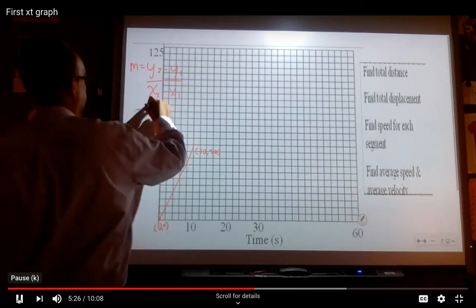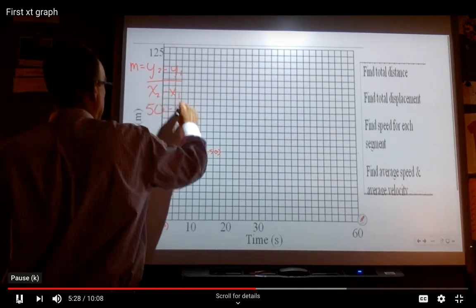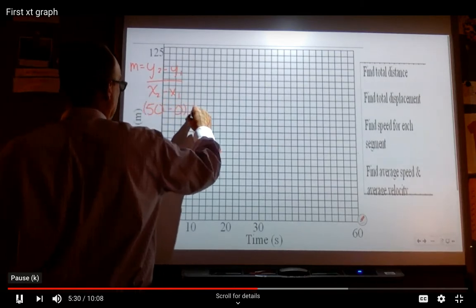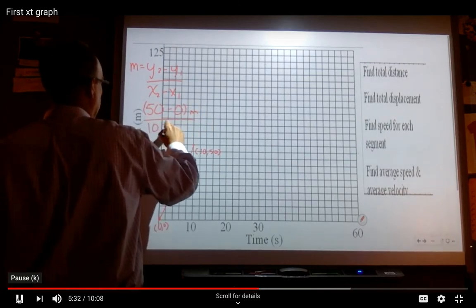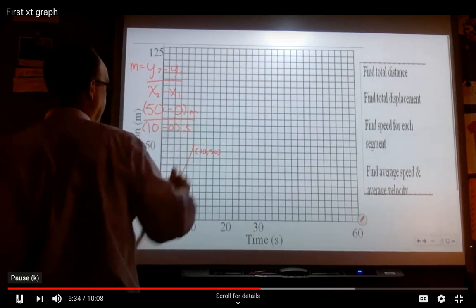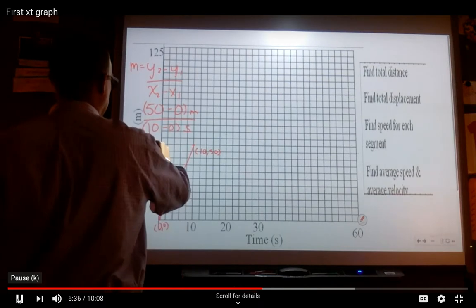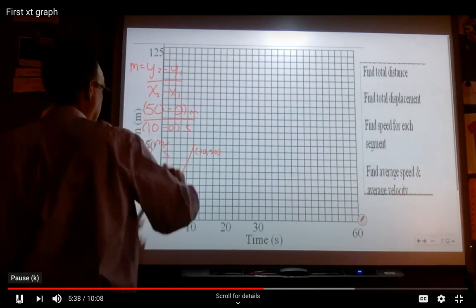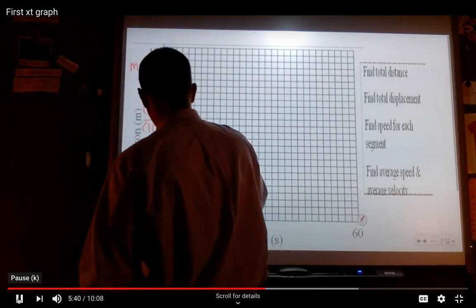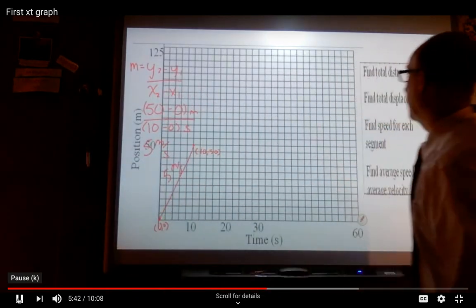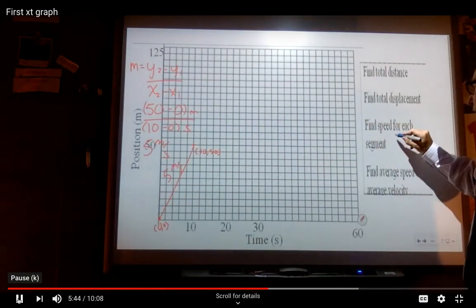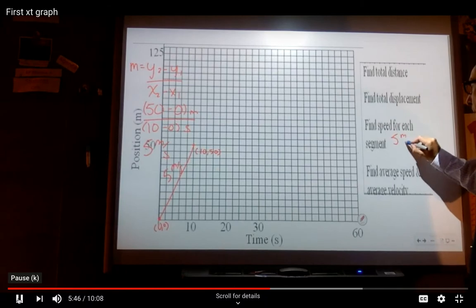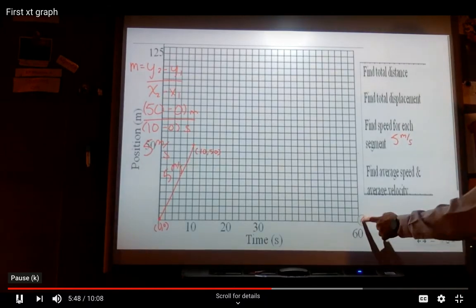And so I'm going to have 50 minus 0 meters over 10 minus 0 seconds. And that's going to give me 5 meters per second. So everywhere on this line, this is going to be 5 meters per second. So for my red segment, I have 5 meters per second.